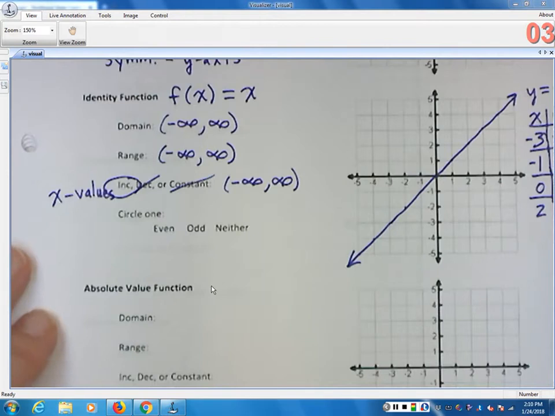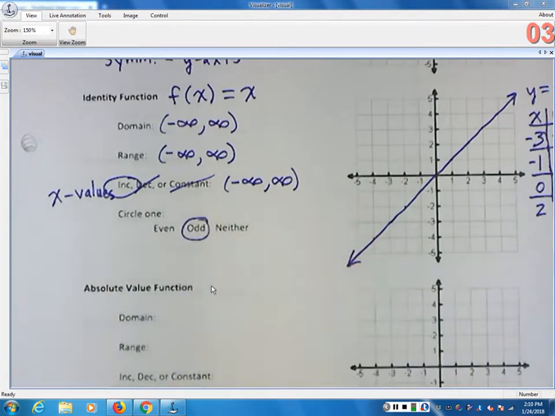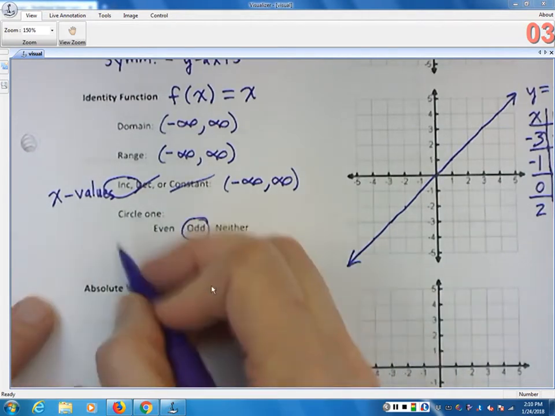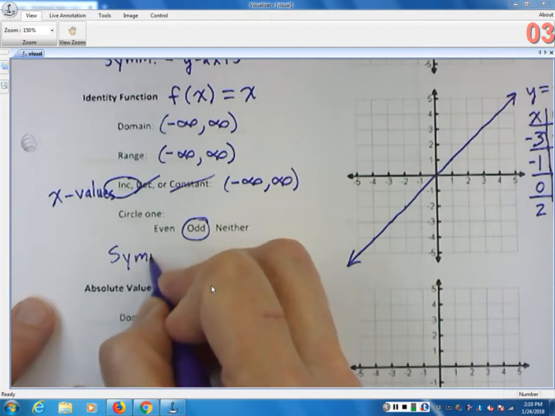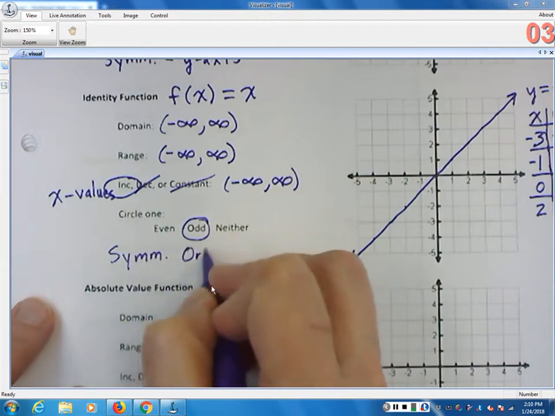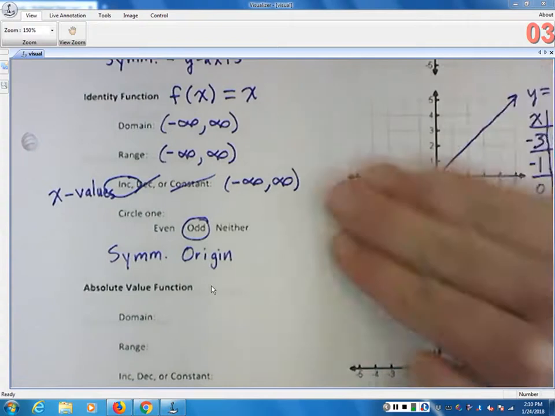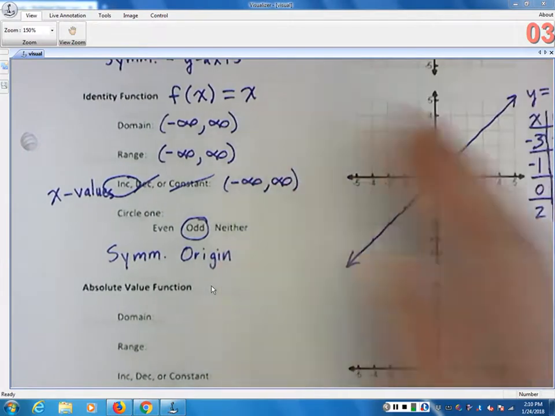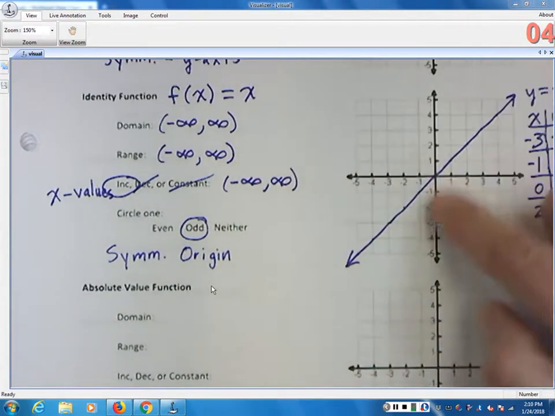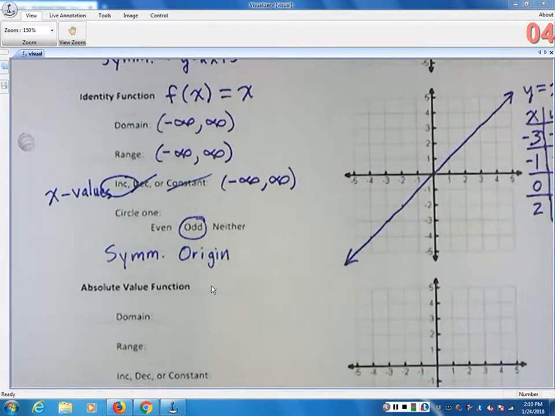And this is odd. It's symmetric about the origin. So you flip it this way, and that way, and it lands on itself.